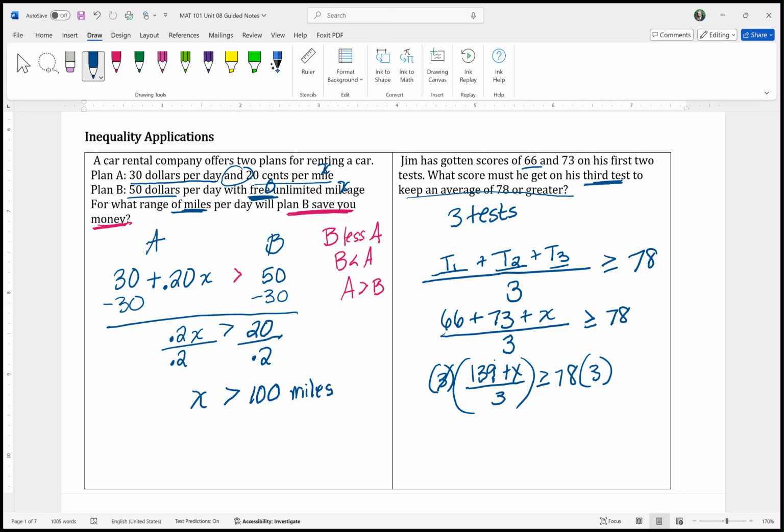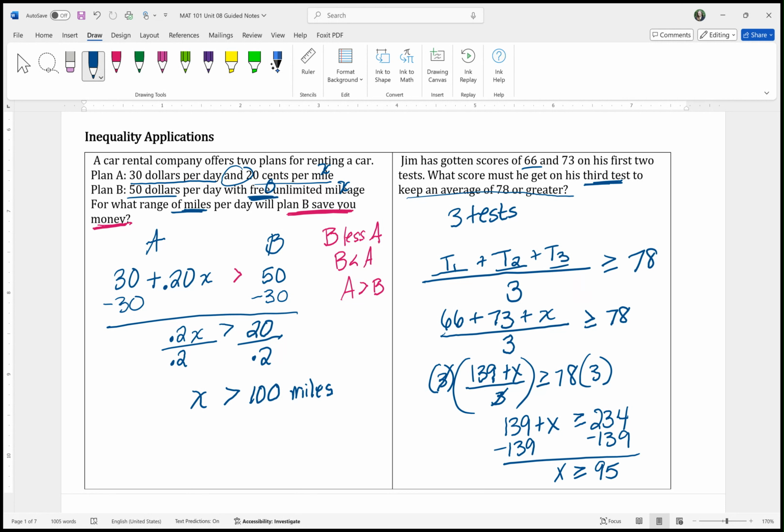That makes this 3 and this 3 cancel out, and you end up with 139 plus X is greater than or equal to whatever that is. So 78 times 3 is 234. And now you can solve for X. So minus 139 on both sides. So that's going to be X is greater than or equal to 234 minus 139 is 95.